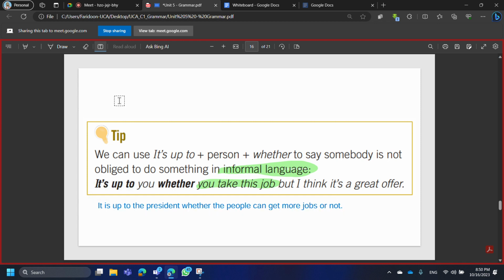So when you have a sentence like this, once again it works. It's saying that the person is not obligated to do that. So it is up to the president. He can decide whether people should get more jobs or people should not get more jobs.